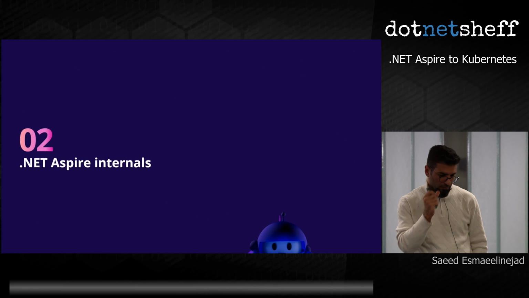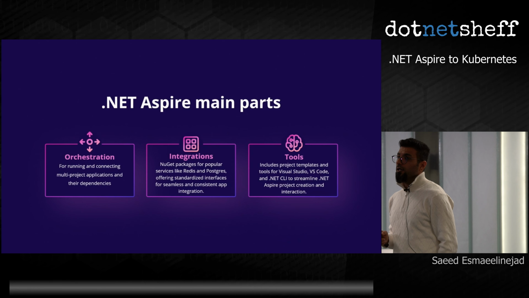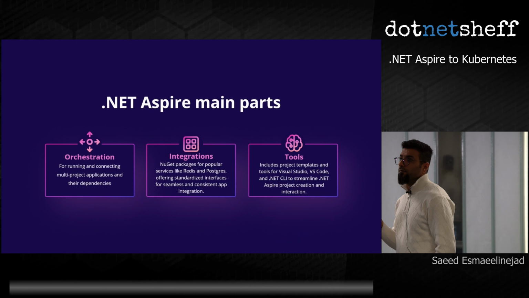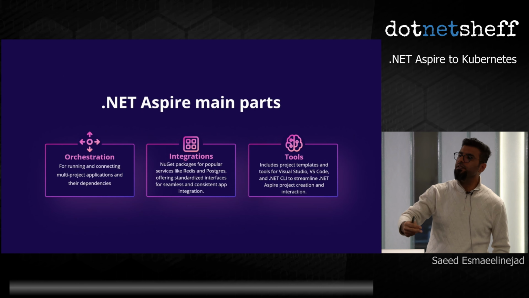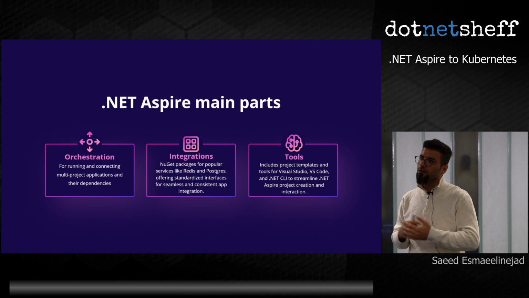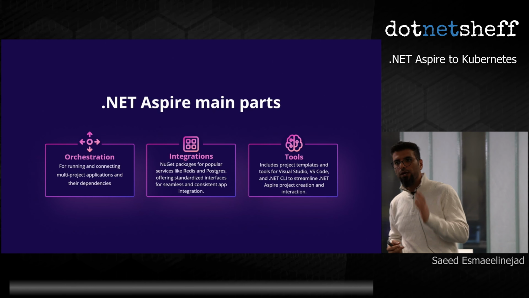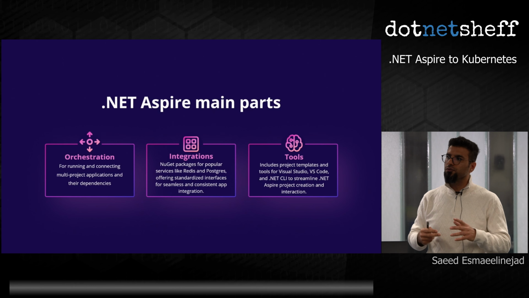Okay, let's talk a little about the internals. .NET Aspire has three main parts to run those different services in your project. When we are talking about microservices, there should be one part to orchestrate and integrate all of those services.